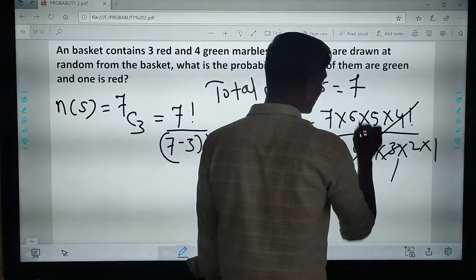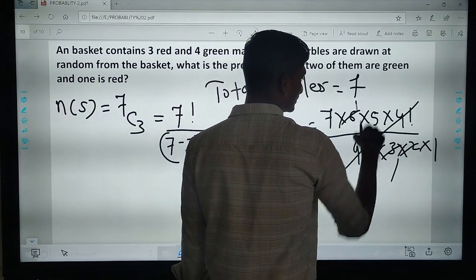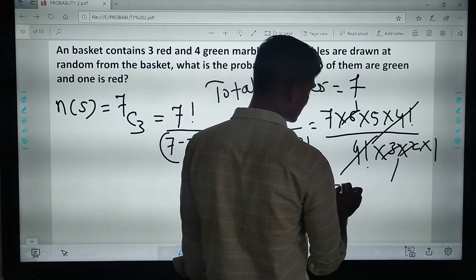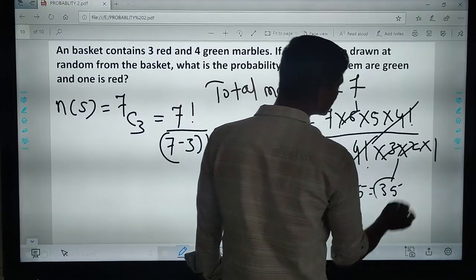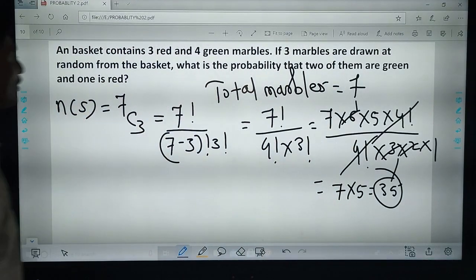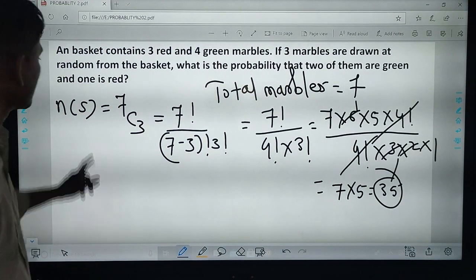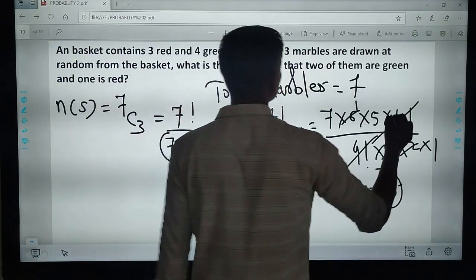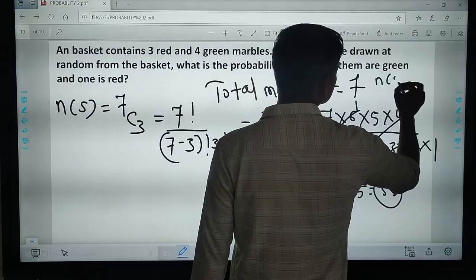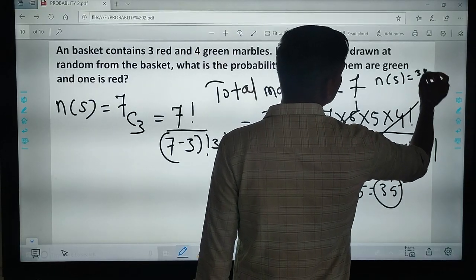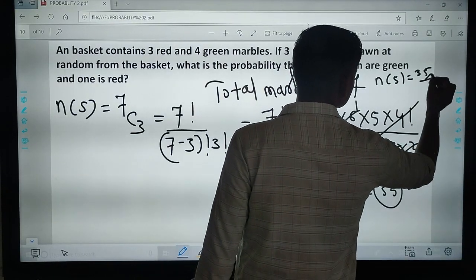Then 3 1s are 3, 3 2s are 6. Here remain 7 into 5, that is 35. Then n of S is 35.